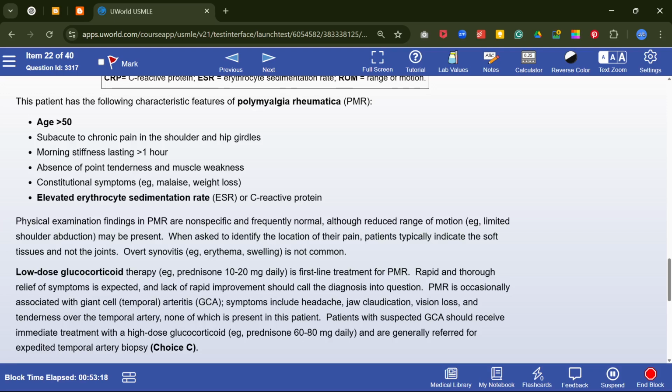A patient with suspected giant cell arteritis should receive immediate treatment with a high-dose glucocorticoid, prednisolone 60 to 80 milligrams, and is generally referred for expedited temporal artery biopsy.